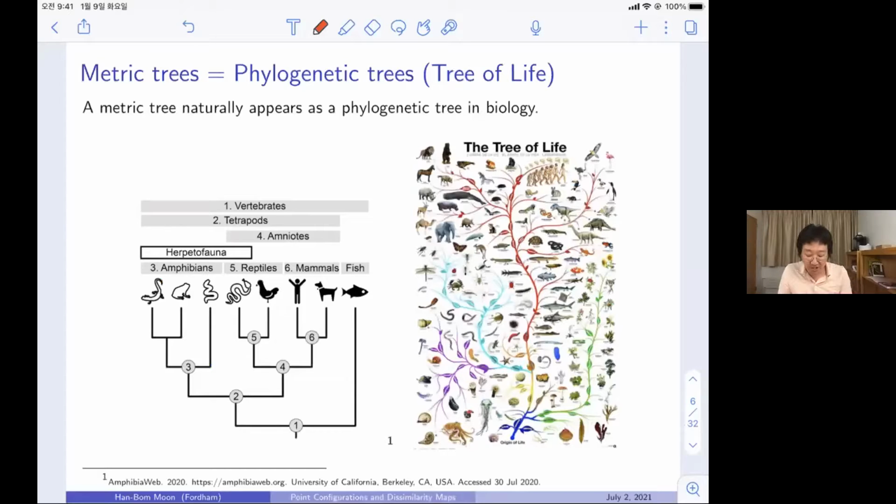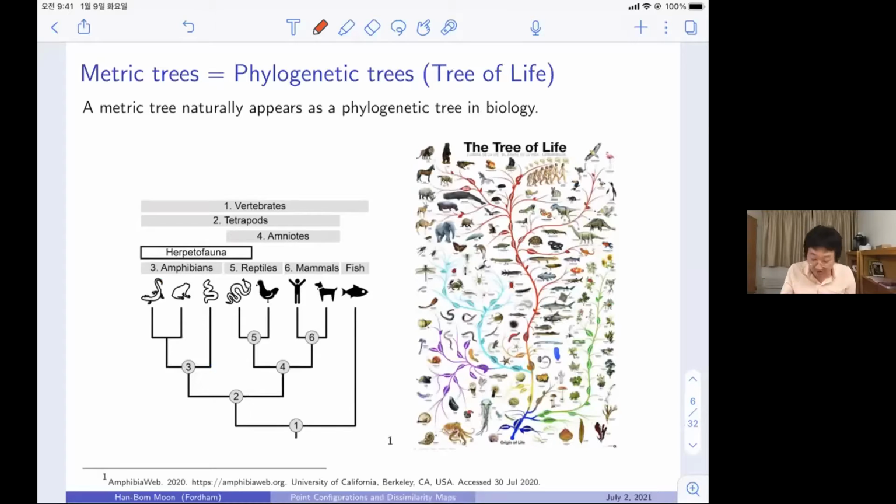By evolution, everything is branched out from a single origin. What we want to understand is how the evolution actually occurred in the history of life, so we want to describe it by using a nice tree diagram.